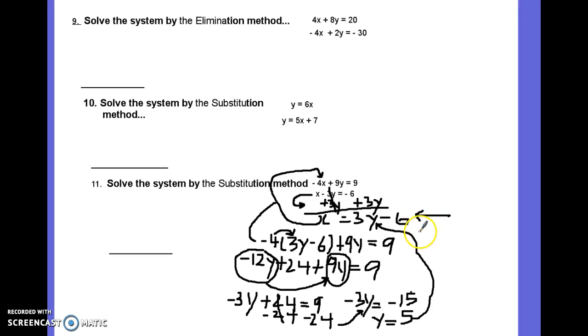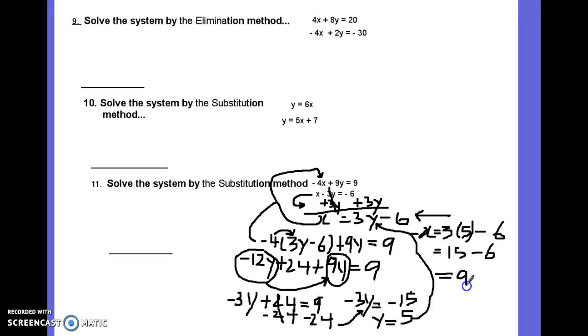And now, in plugging it in, I get x. This x is equal to 3 times whatever y is, and y happens to be 5, minus 6 right here. So here I go now. 3 times 5 is 15. 15 minus 6, and I know some of you got it before you left, is equal to 9.